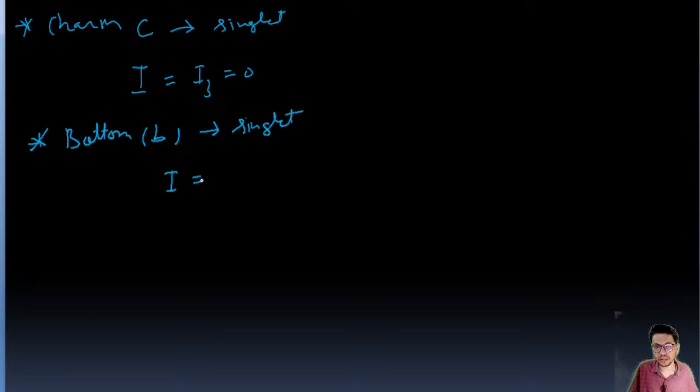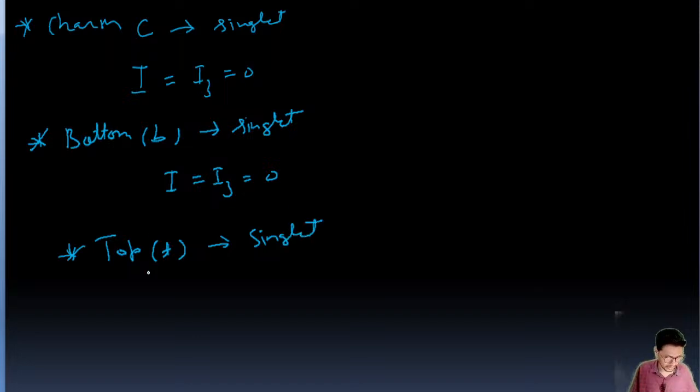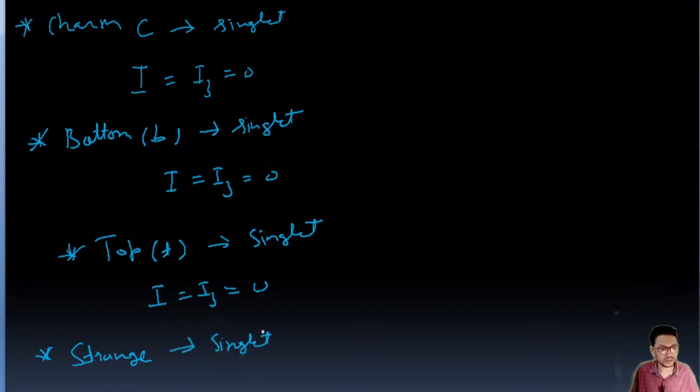So for this also I and I3 equal 0. Now top, denoted by T, is also a singlet, so I equals I3 equals 0. Next is the strange quark, denoted by S. This is also a singlet, and for this I equals I3 equals 0.